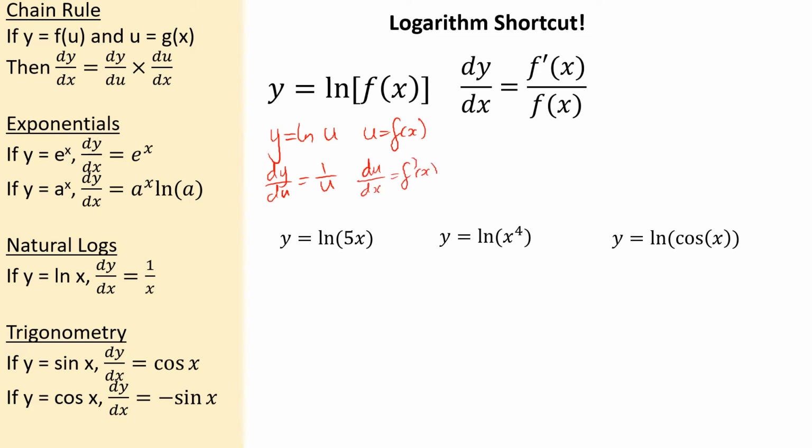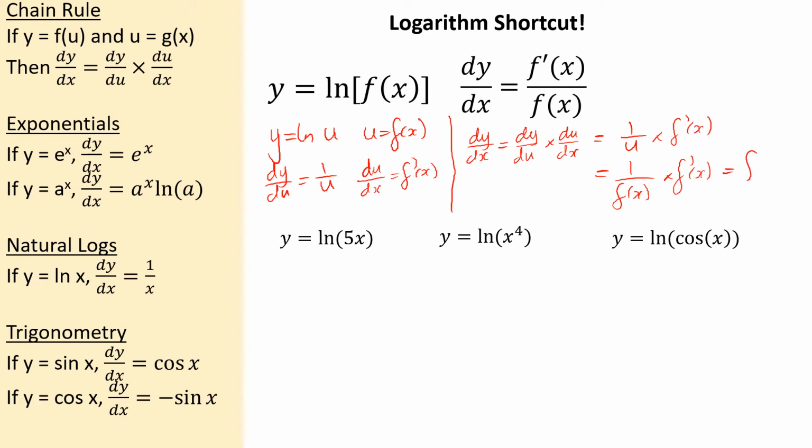As mentioned before, that's what differentiation is. So our dy by dx is equal to dy by du times du by dx, which is going to be 1 over u times f dash x, which is 1 over f(x) times f dash x. So that gives us overall f dash x over f(x).